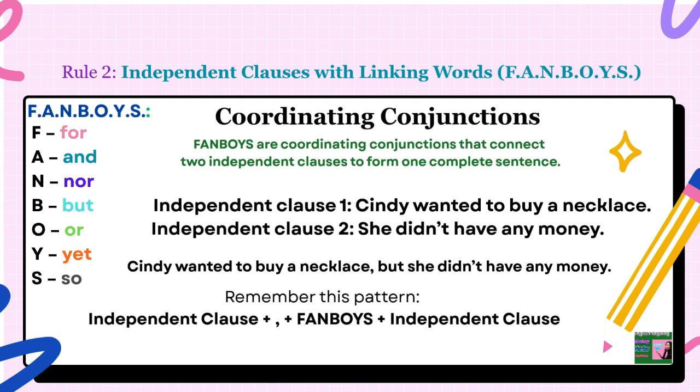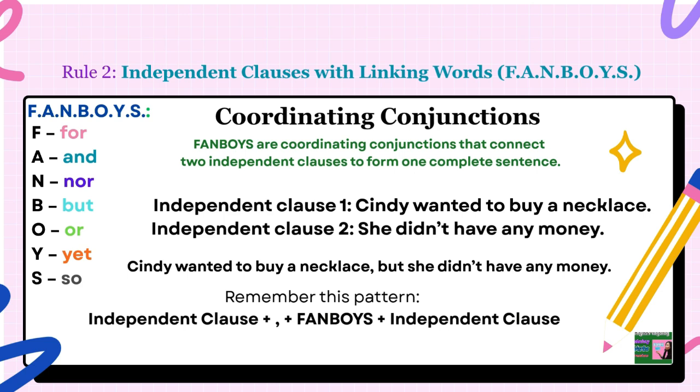We use them to connect two independent clauses, meaning two complete thoughts, and turn them into one complete sentence. Let's take a look at these two independent clauses. Independent clause number 1, Cindy wanted to buy a necklace. And independent clause number 2, she didn't have any money. Each clause can stand alone as a sentence, but if we want to combine them to show a relationship between the two ideas, we can use a coordinating conjunction.